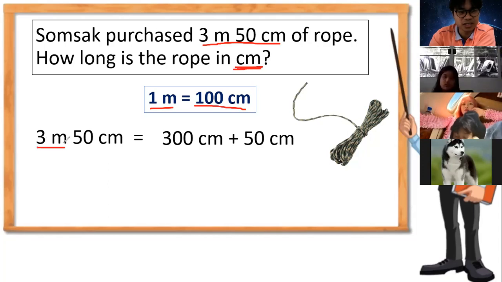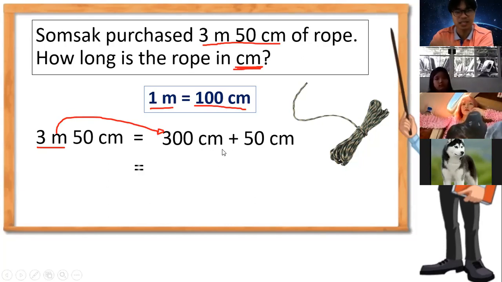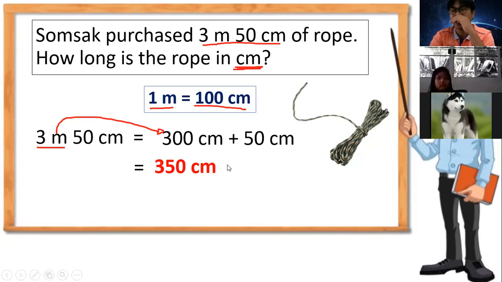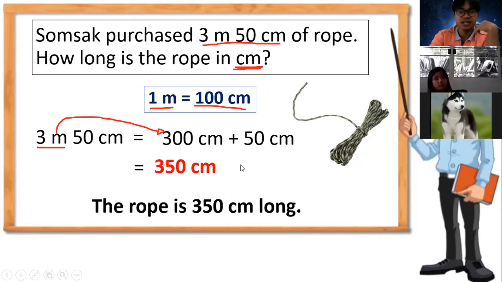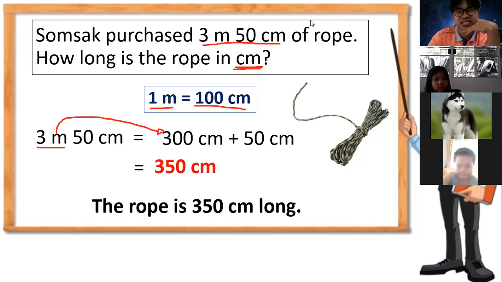So 3 meters equals 300 centimeters. So 300 plus 50, the answer is 350 centimeters. So the rope is 350 centimeters long.